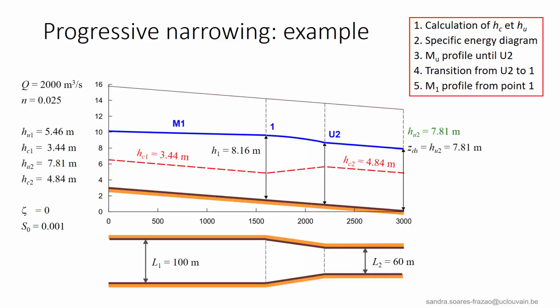In the present example, we see that the flow has not yet reached the upstream normal depth of 5.46 meter. A longer distance would be required therefore, but we know that the M1 profile will anyway tend asymptotically to HU1.